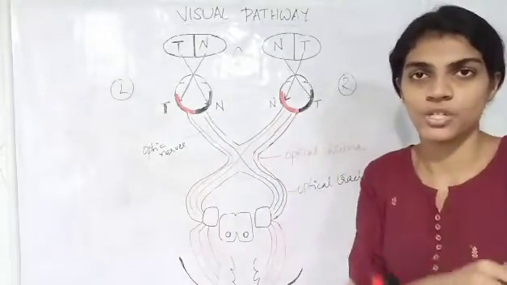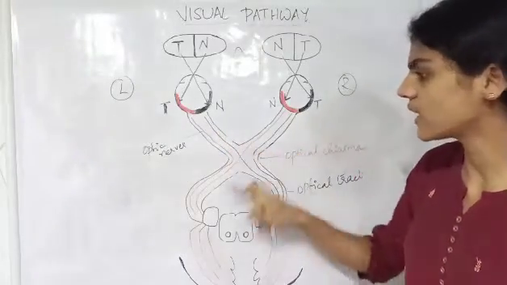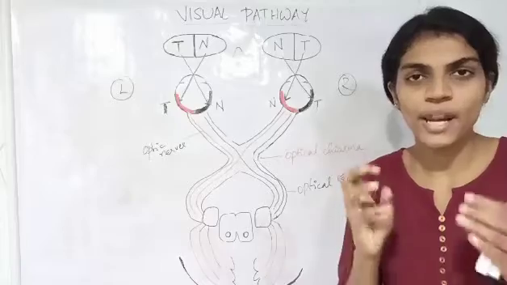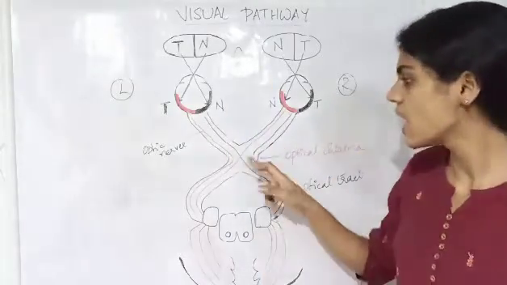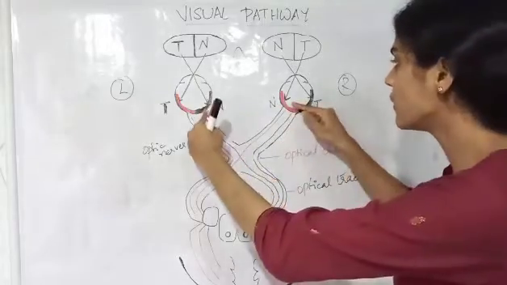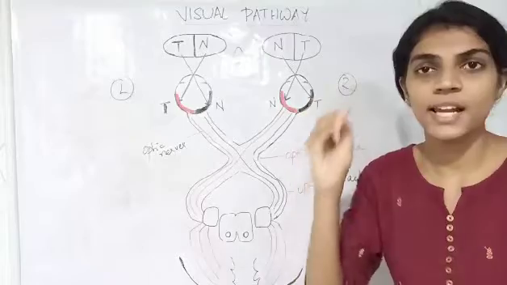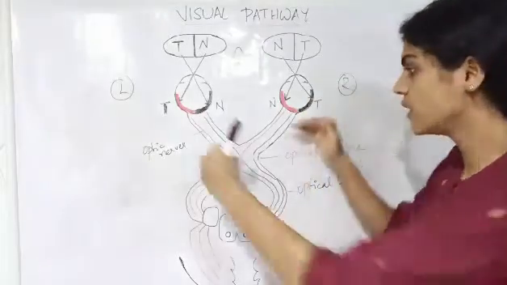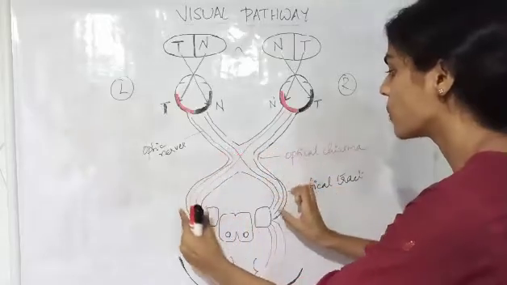Contralateral nerve fibers are the fibers which cross. At the optic chiasma, which nerve fibers cross? Only the nasal retinal nerve fibers, and they follow the optic tract.